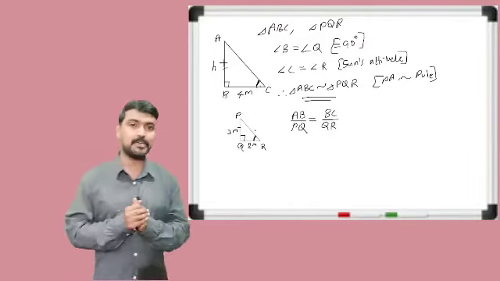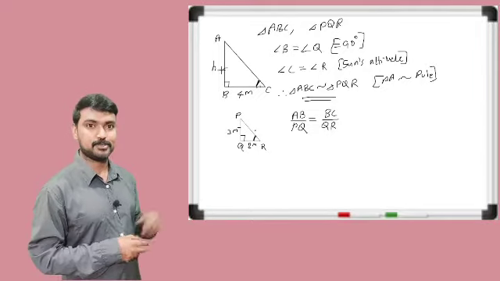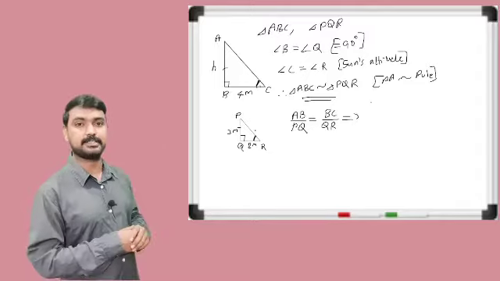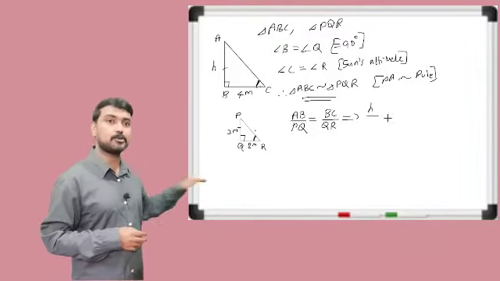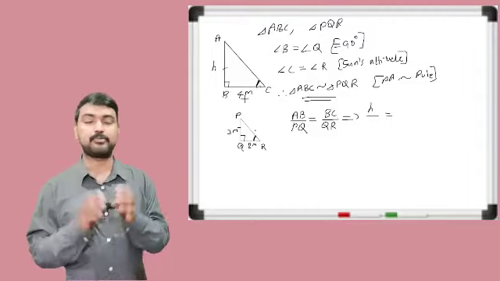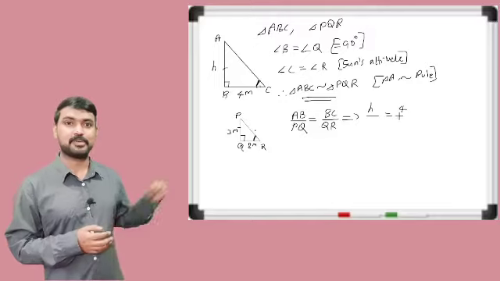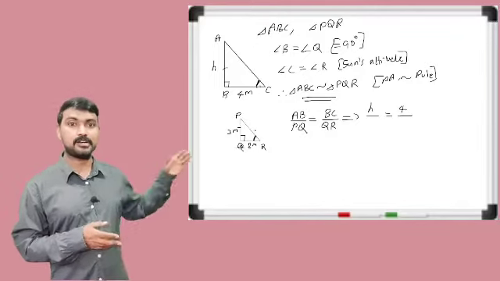Now what is AB? AB is the height of the flagpole, which can be marked as H. So instead of AB here we can give H. What is BC? BC is the shadow's length which we measured, and we got 4 meter. So we write 4 meter instead of BC. And what was PQ?